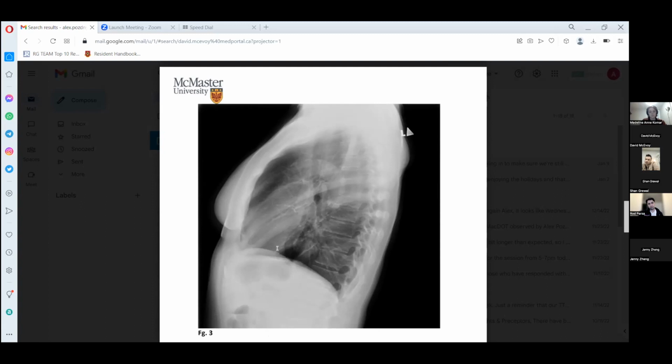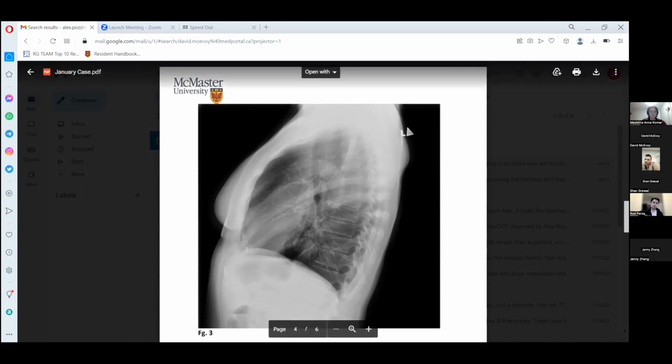The anatomy works this way: the major fissure cuts this diagonally into two pieces, and on the left side it cuts it into the left upper lobe and the left lower lobe respectively. On the right side you also have the middle lobe, which is cut by the minor fissure.